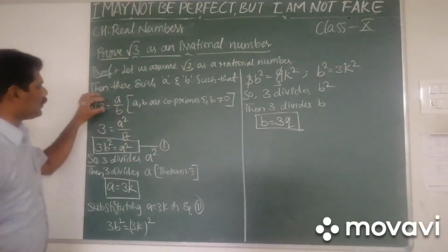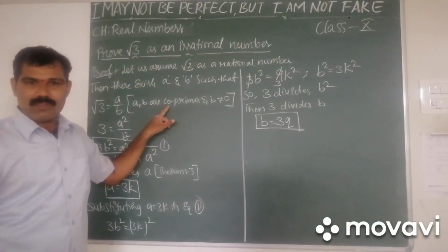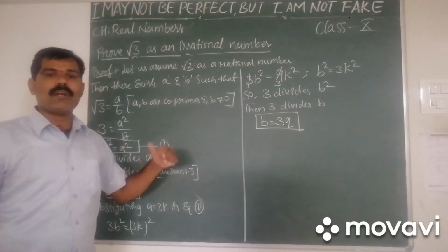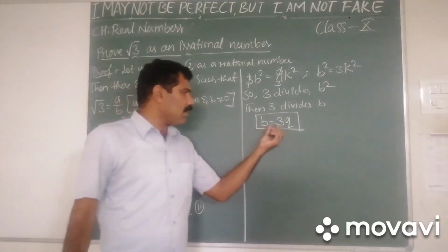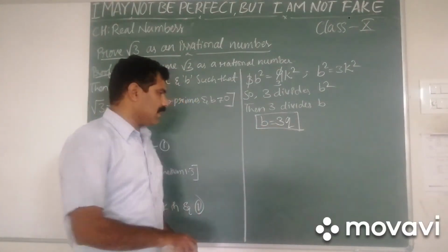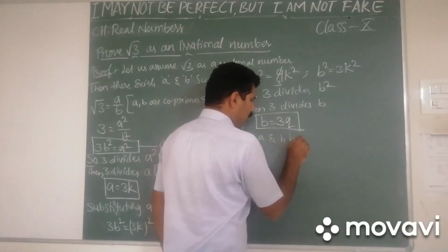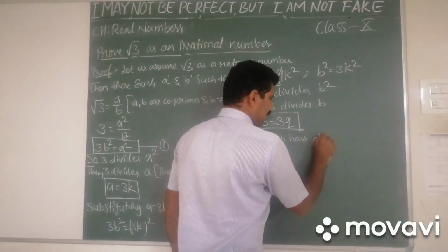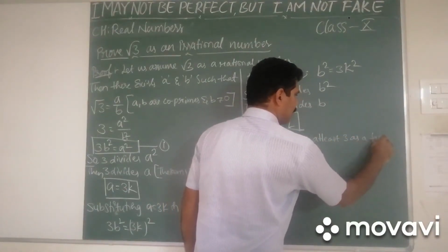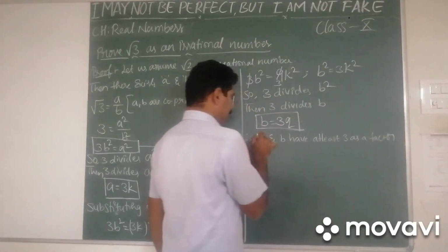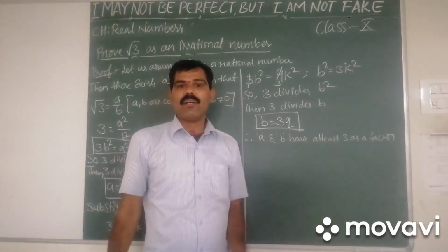When we took a and b, they are co-primes, meaning apart from 1 they should not have any other factor. But here 3 is a factor for a and 3 is also a factor for b. Therefore a and b have at least 3 as a common factor.